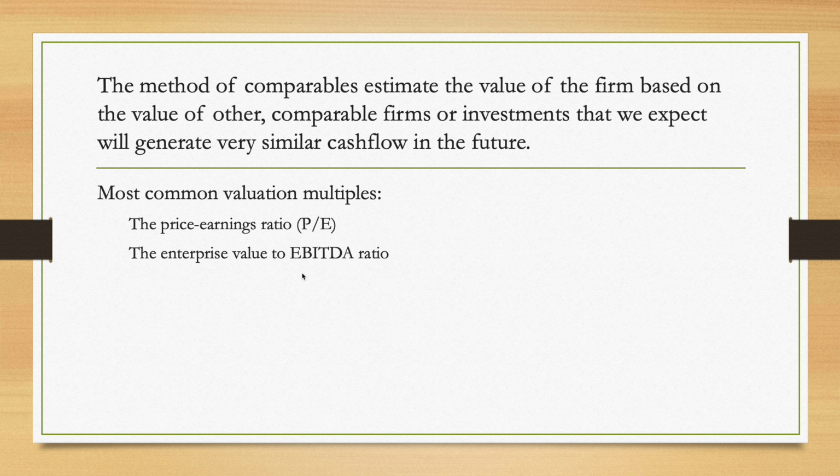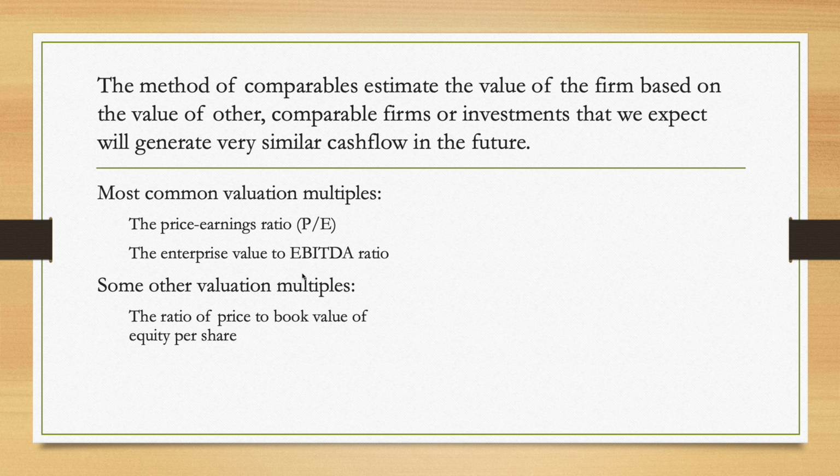Another common valuation multiple is the enterprise value to EBITDA ratio. EBITDA is earnings before interest, tax, depreciation, and amortization. Depending on the nature of the firm to be evaluated, there are some other useful valuation multiples.